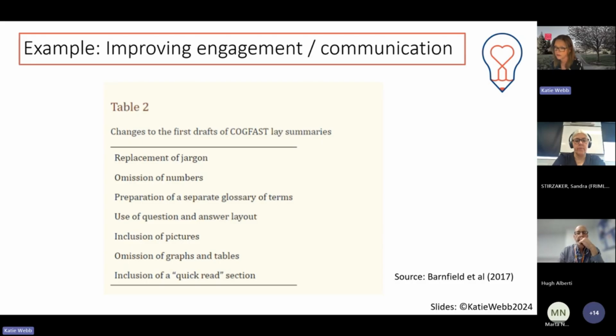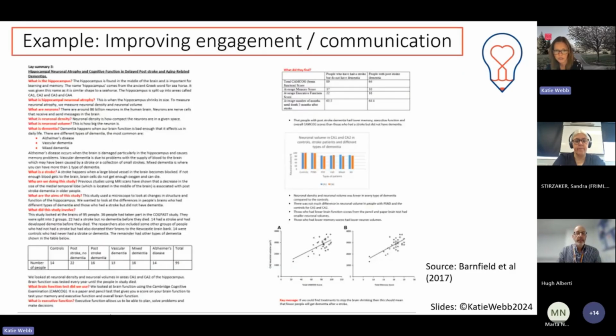It was important for them to get to the nub of what those positive results or where the gaps were, and recommendations from that. Inclusion of pictures to make it more accessible, omission of graphs and tables, and inclusion of a quick read section.